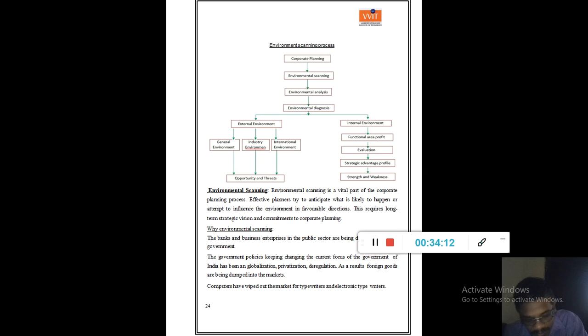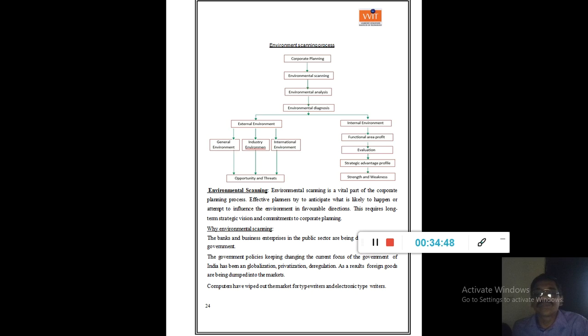While doing the planning for the company, the top management will scan the environment, and the environment consists of two environments, external and internal. In the external environment, the management will scan the general environment, industry environment and international environment, and then it will scan the opportunities and threats in the external environment and internal environment.